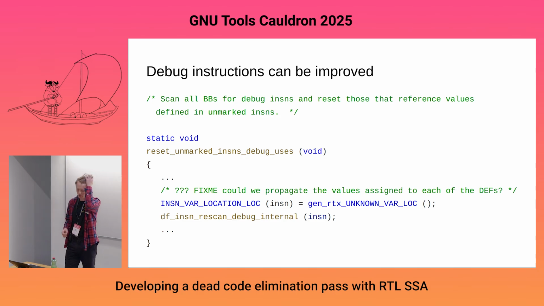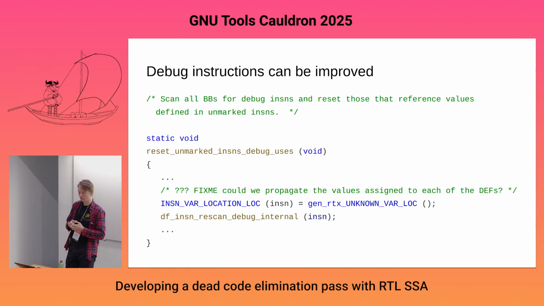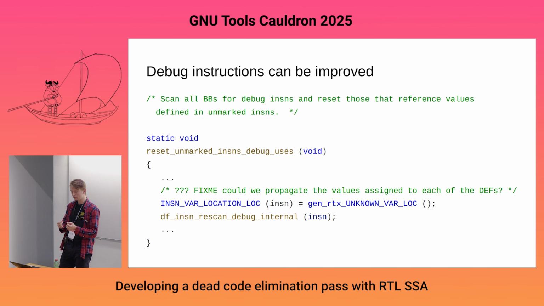We were interested in a FIXME in the previous optimization pass, the UD dead code elimination, and the pass has to reset debug instructions if it deletes an instruction for which the debug instruction exists.